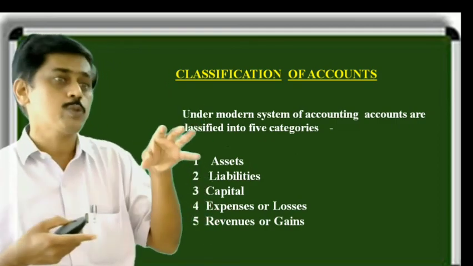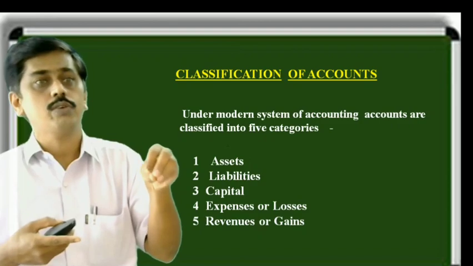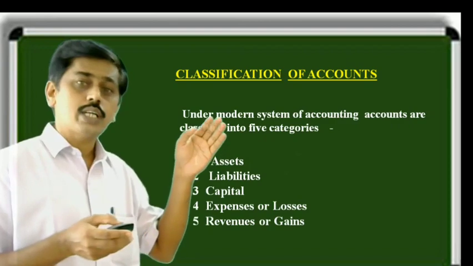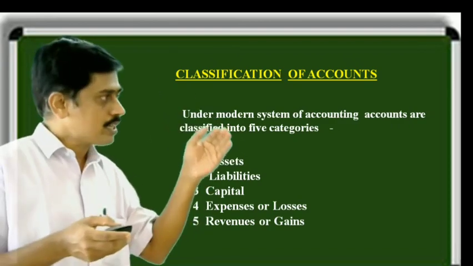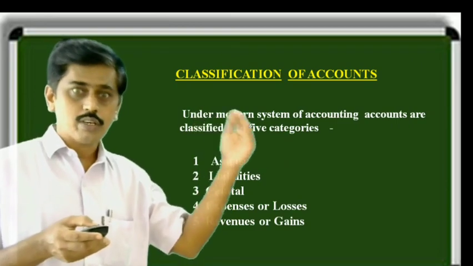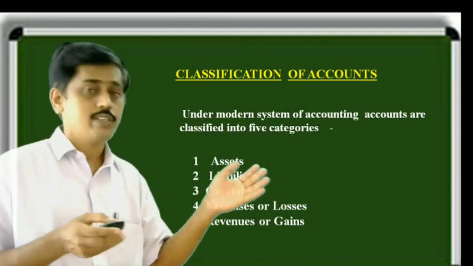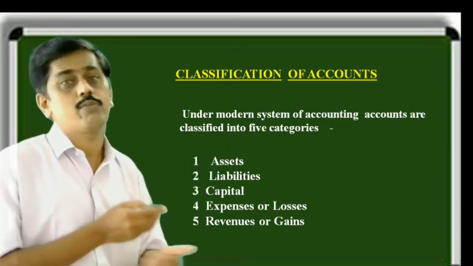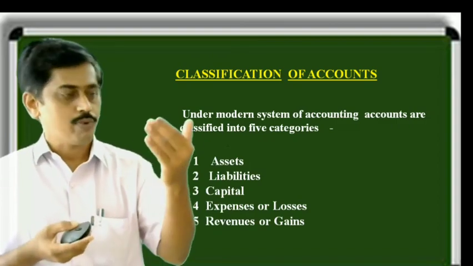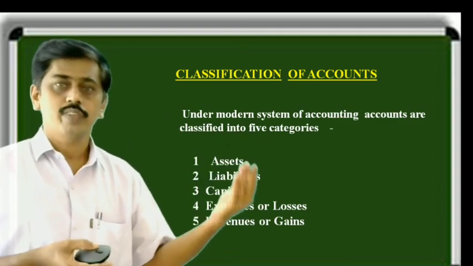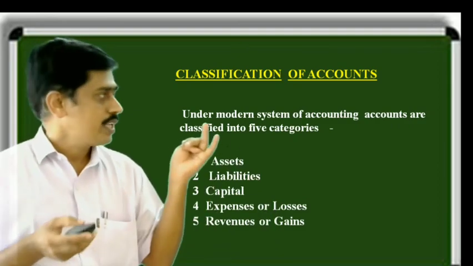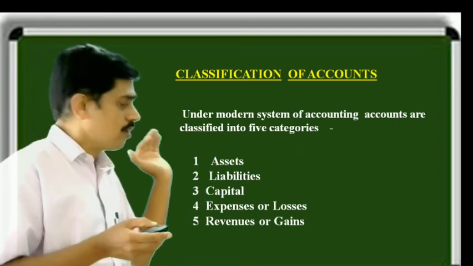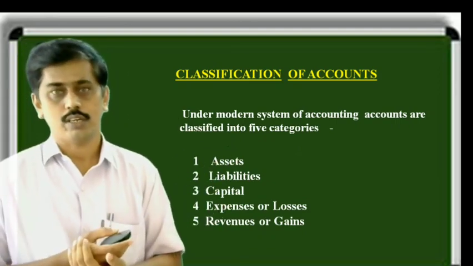You should be able to trace the type of account, whether a particular account relates to assets or falls under expenses. You should be able to make the distinction between different types of accounts. Once again I repeat: assets account, liabilities account, capital account, expenses or losses account, revenues or gains account.